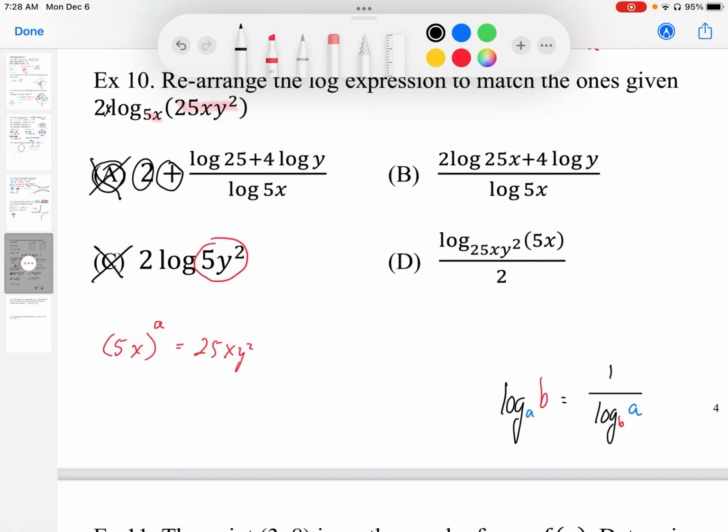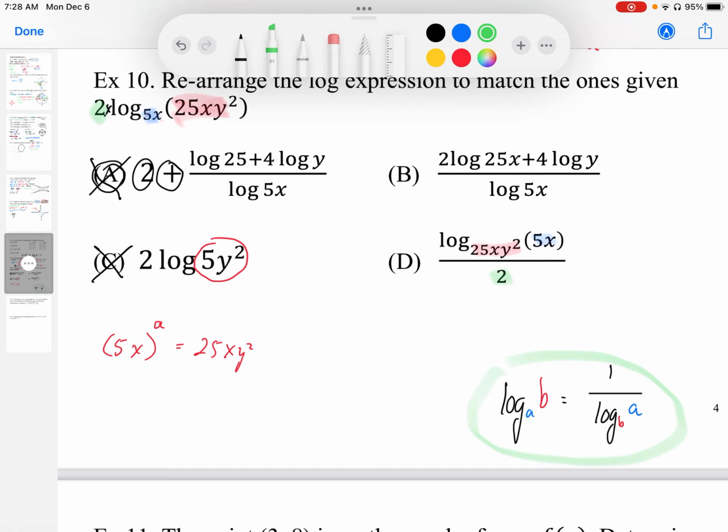We take a look at D. Now D, what we've done is we switched the base and the argument. So we started with this base, and that argument becomes the base, and this base here becomes the argument, and by doing so, we're saying that the times 2 becomes divide 2. Now there is this property that if we switch the base and argument, we can actually write this as a reciprocal. If we're going to use this, we really should understand how it works, but it does work.